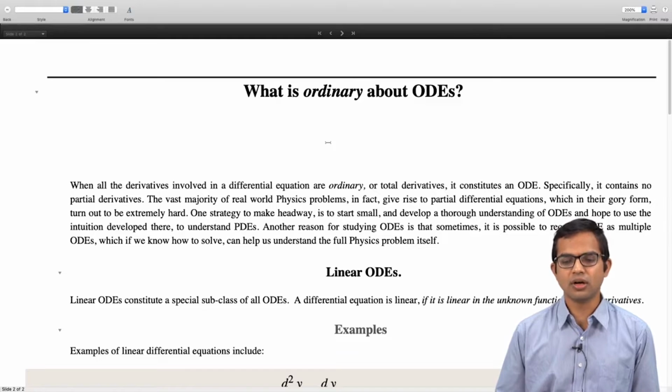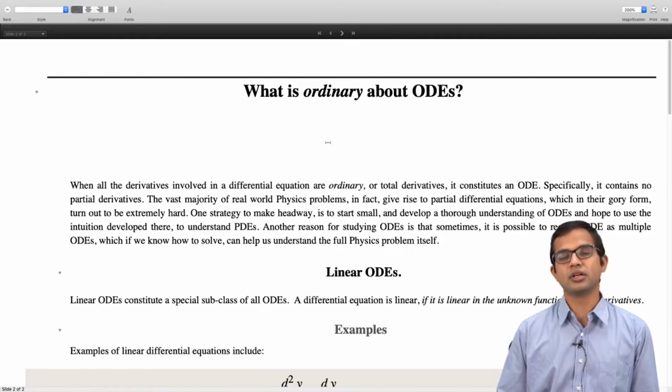And it's an ordinary differential equation if all the derivatives involved are ordinary, meaning there are no partial derivatives, right? So if functions depend on more than one variable, and their derivatives with respect to different independent variables are also contained in your differential equation, that's the more complicated kind, and that's a partial differential equation.